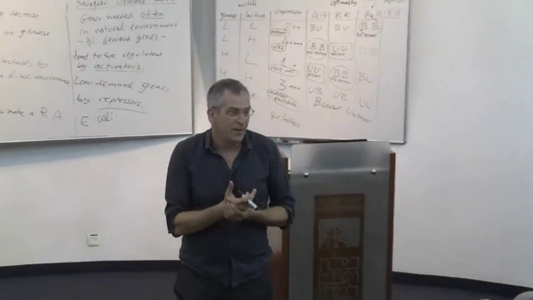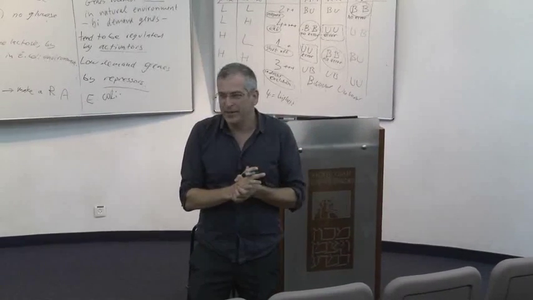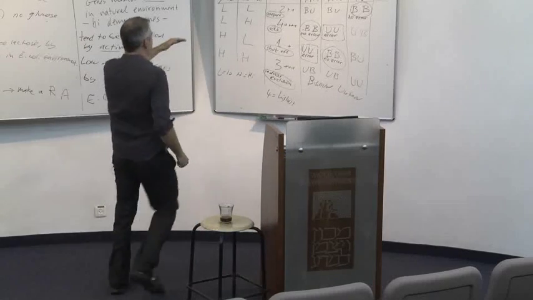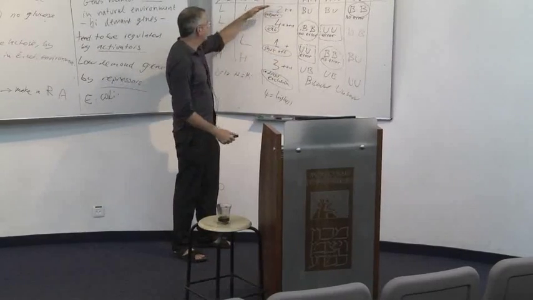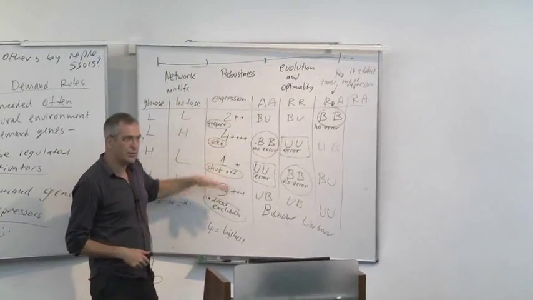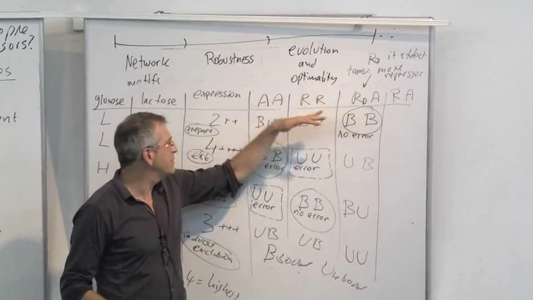You guys can imagine what happens if you have a gene with 3 inputs or a developmental gene with 20 inputs. And you get big tables like that. And the more inputs you have, the more grades of expression you can have. With 2 inputs, you can have 4 grades of expression. With 3 inputs, you have 2 to the power 3, 8 grades of expression. And then you have all these different possible designs.